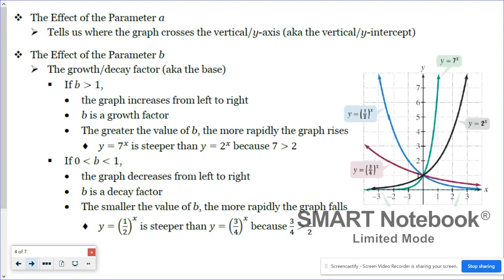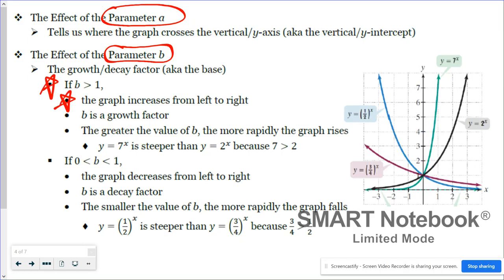So when it comes to parameters, we're talking about the values of a and b. We just got done saying that the parameter a tells us where the graph is crossing the y-axis, so it is the y-intercept. The parameter b, the base, tells us whether it's growth or decay. If it's growth, our graph is going to be increasing from left to right.